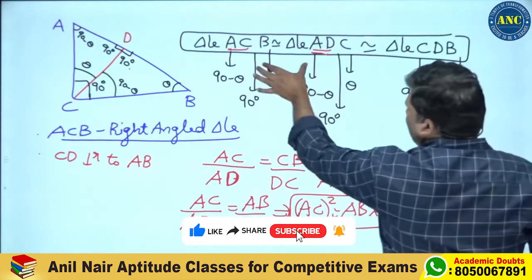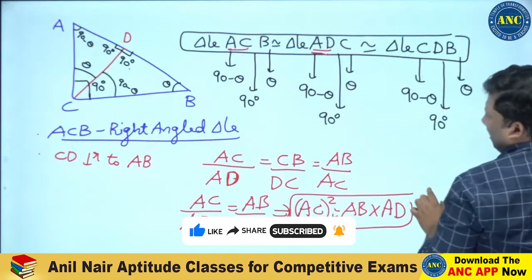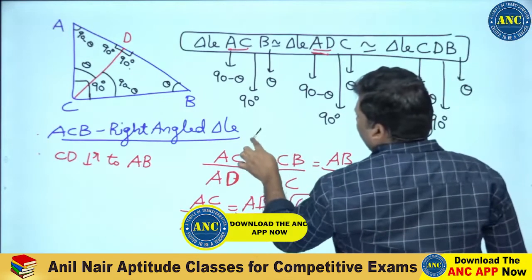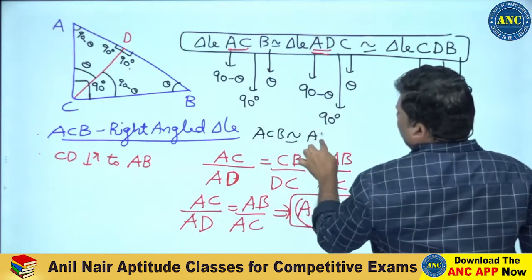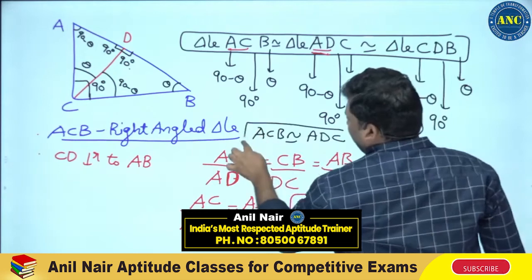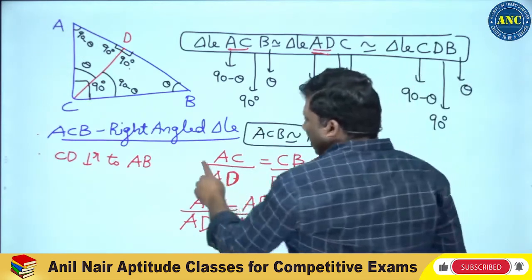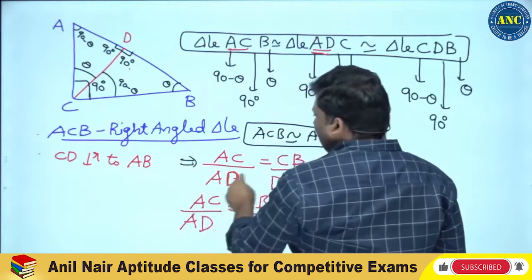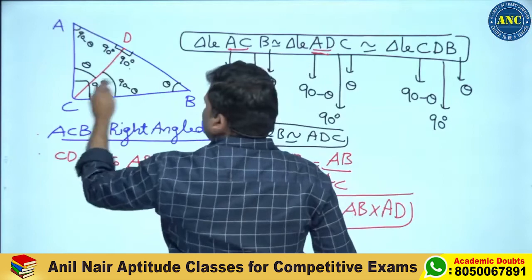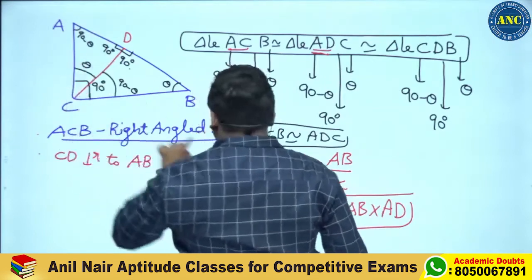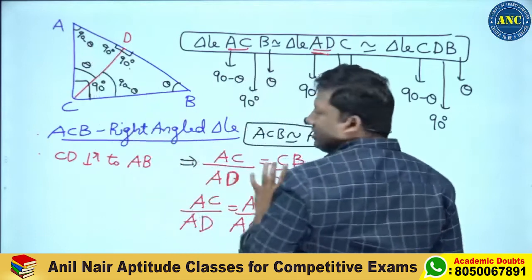I took these two triangles. Let me take first and third. ACB is similar to ADC. Sir, how you got this value? Again I am explaining. AC by AD. How you got AC? In ABC triangle, theta opposite is AC. In this triangle, theta opposite is AD.